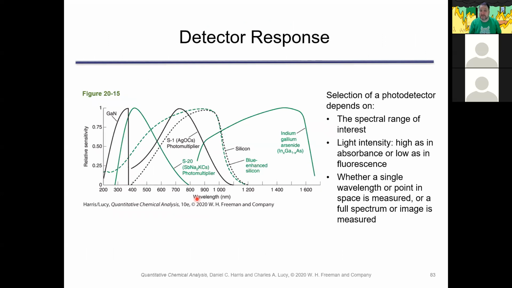Our detector response, how efficient we are at converting a photon into an electron or something else measurable, is going to depend on what that detector is. Our eyeballs are a great example of that. We are not really good at seeing stuff beyond 800 nanometers in the infrared. You can't see in the infrared, you can't see in the ultraviolet.